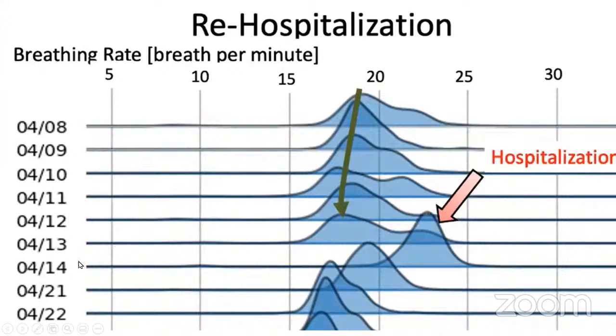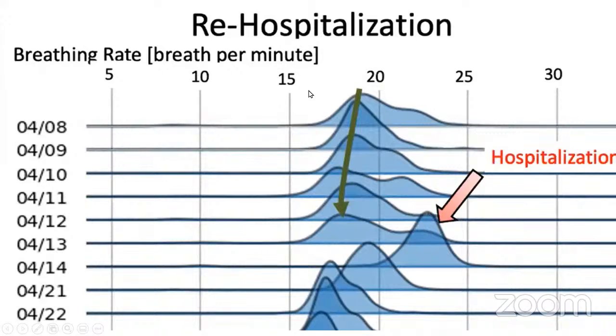But on 14th of April, his breathing pattern has a shift. And that shift means it's a severe shift. It means it's a drastic change. He was breathing at a rate of between 15 and 20, say like 17 or 18. He is now between 15 and 25, so around 22.